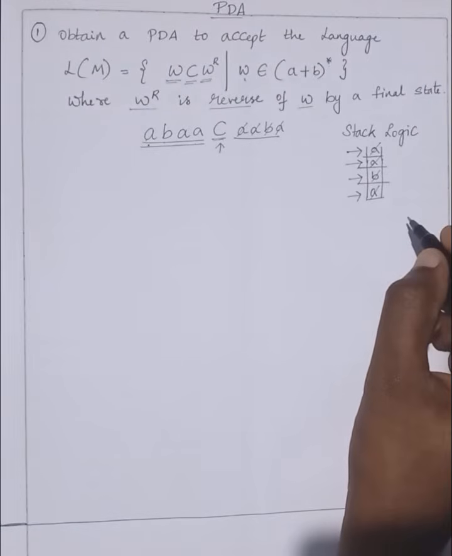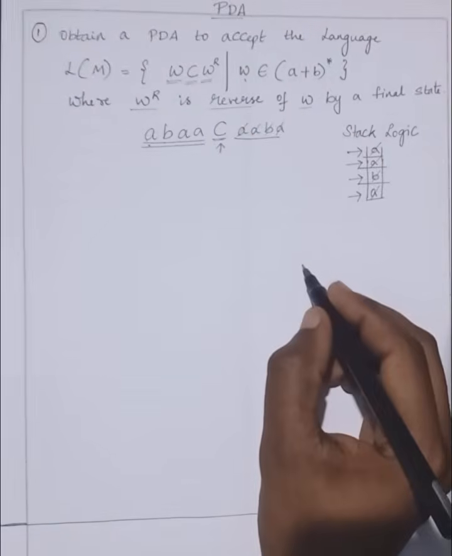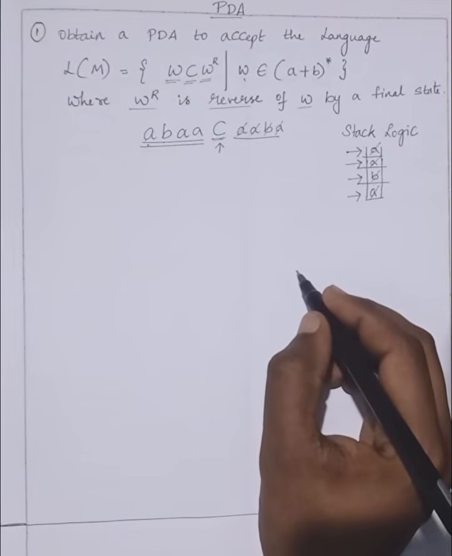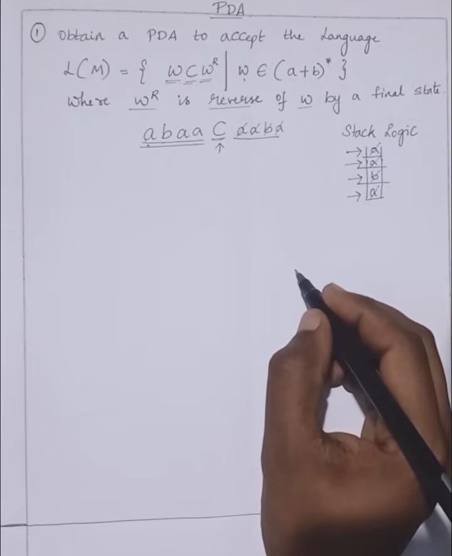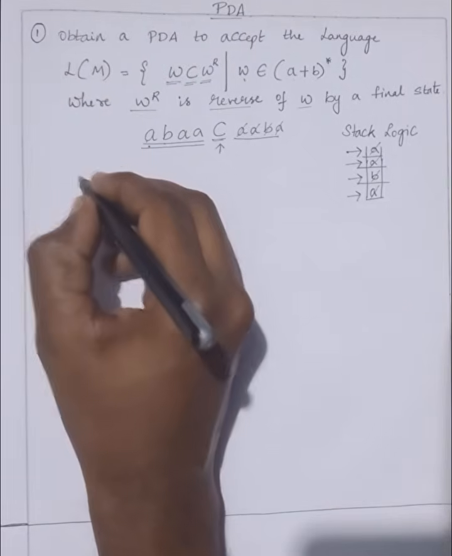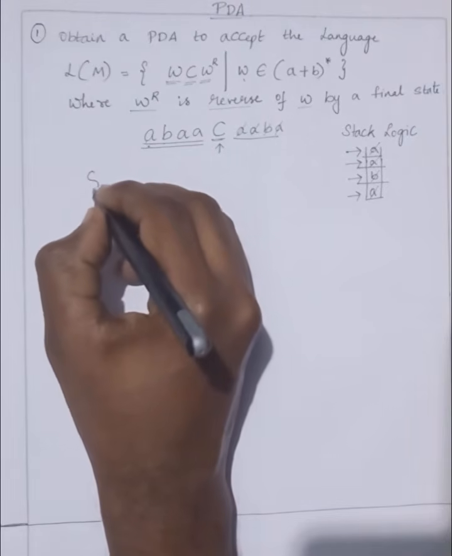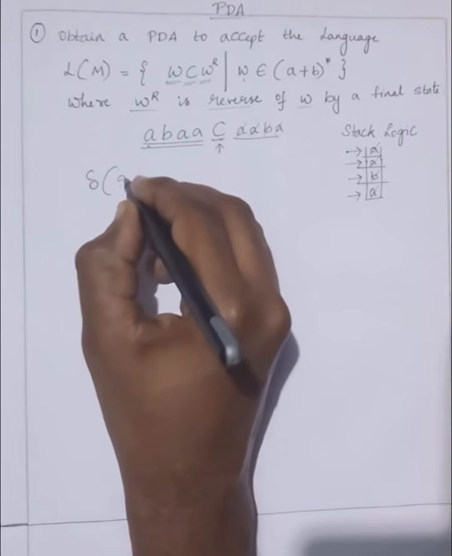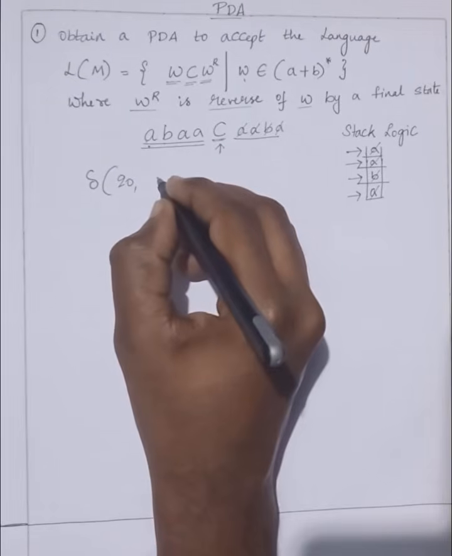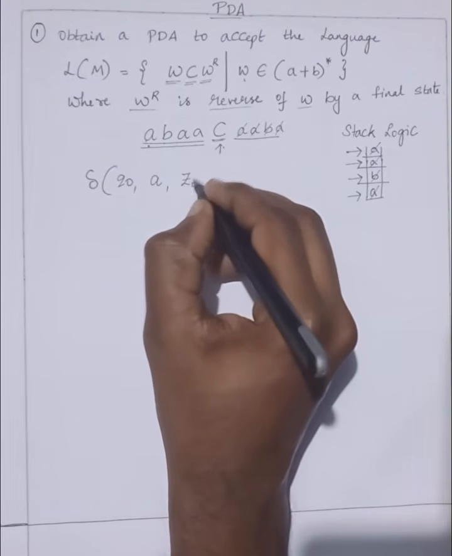Now we'll see quickly how to write the pushdown automata transitions for this question. Till now the DFAs have only two parts in a transition: one is the state and one is the input. From now onwards we'll have three parts: the first is the state, the second is the input, and the third is the top of the stack.